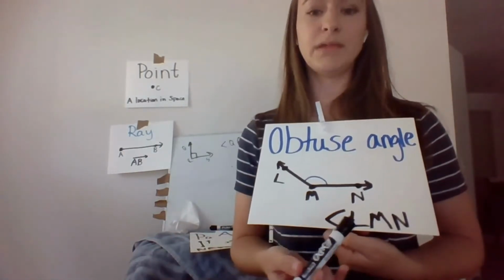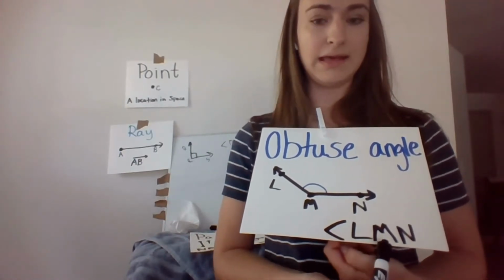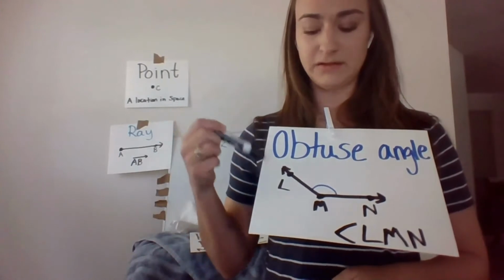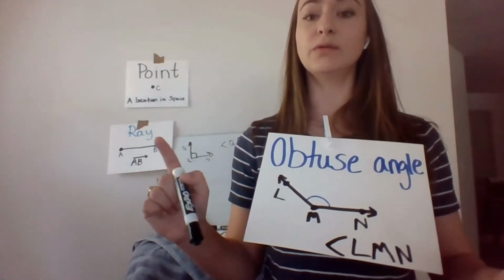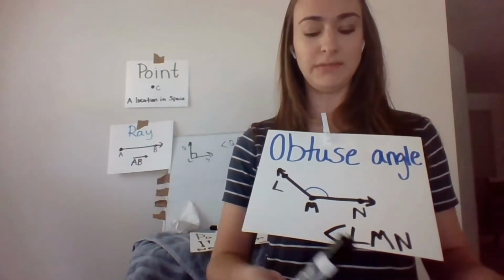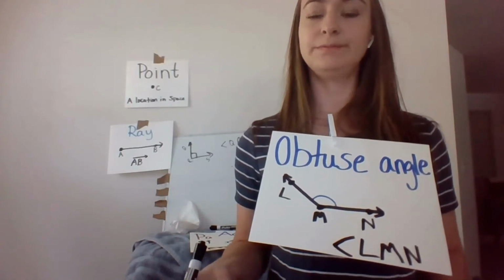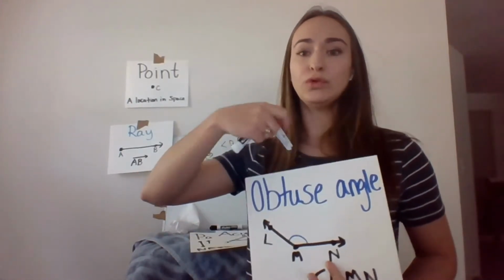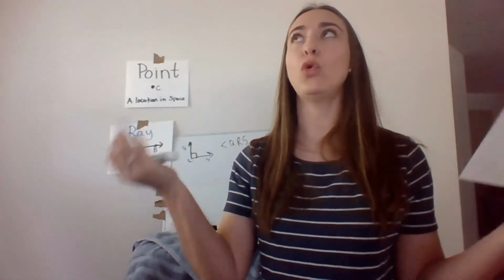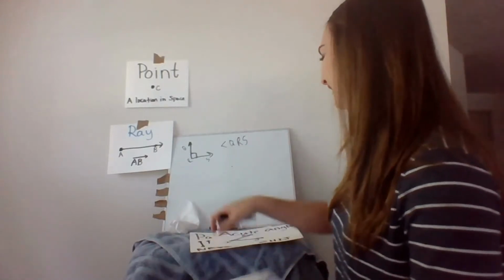We say angle, our angle symbol, L, M, N. This is an angle, angle LMN. Or what was the other way? Angle NML, right? So that's obtuse. Think, obtuse, I'm so big. I'm bigger than a right angle. All right, let's hang that up.